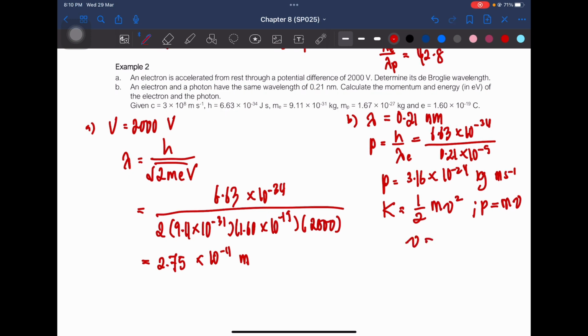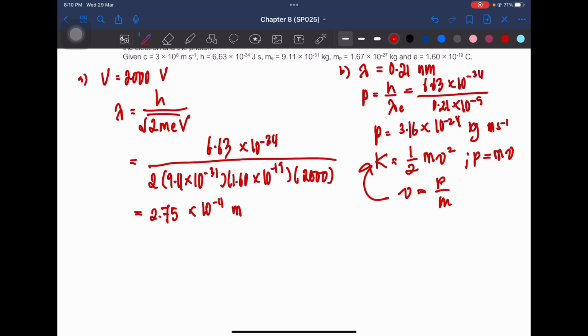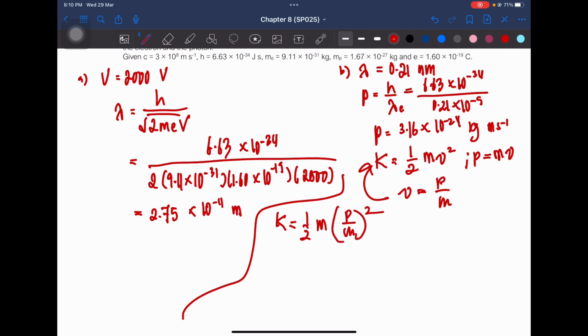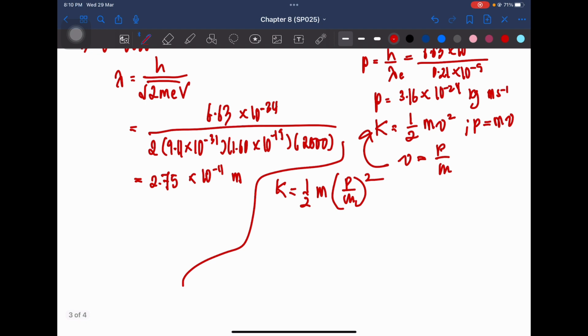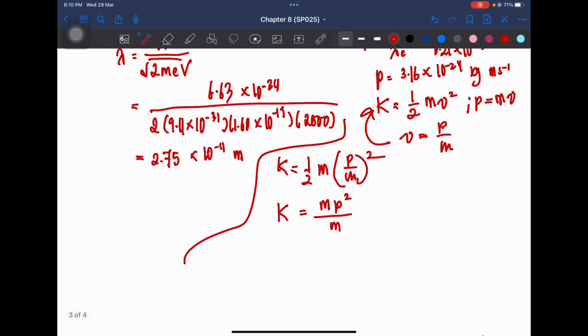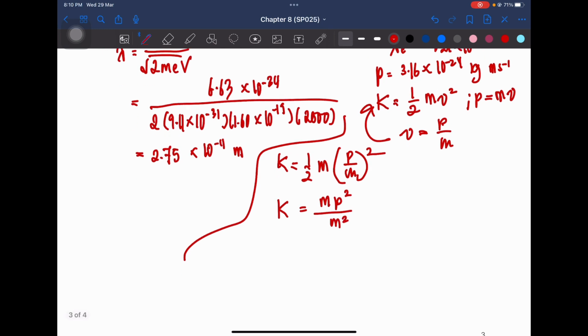So if we let v be equal to p over m, we can substitute into this equation. So K is half m times (p over m) squared. So we get K equals half m p squared over m squared. Alright, so we cancel one m, so K is equal to p squared over 2m.